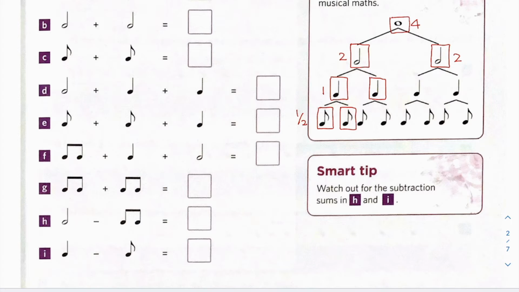We can see that in one semi-brief, there are 2 minims, 4 crotchets, and 8 quavers. And in a minim, there are 2 crotchets and 4 quavers. And in a crotchet, there are 2 quavers.